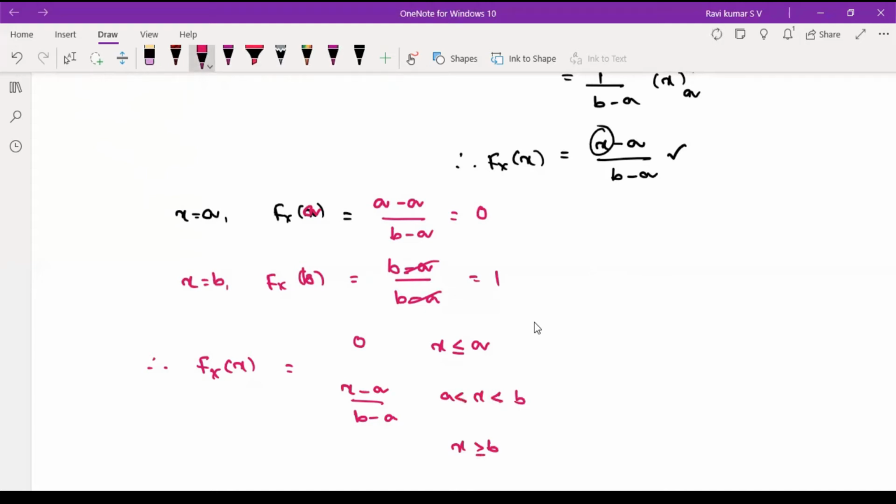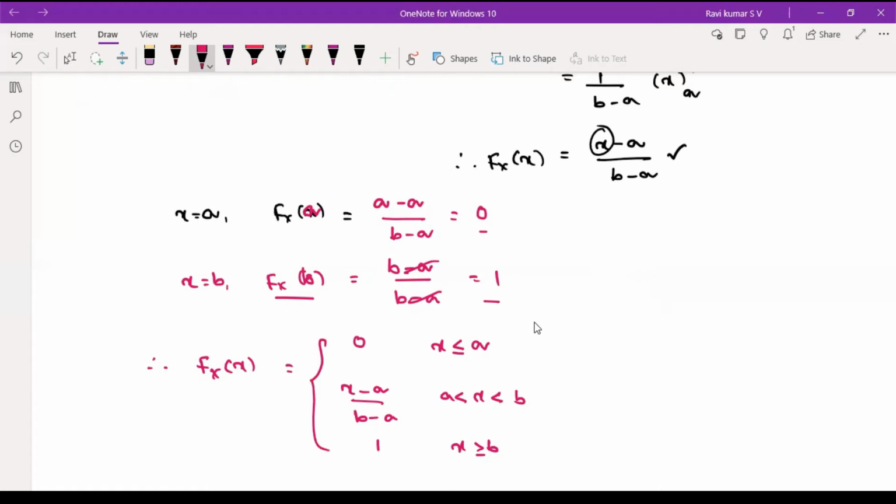For x greater than or equal to b, the value is 1, because substituting x equal to b gives 1. For x equal to a we get 0, meaning there is no function validity for x less than a, so we take 0 there. In between a and b, the values are given by x minus a by b minus a. This is the final expression with respect to the conditions for the distribution function.